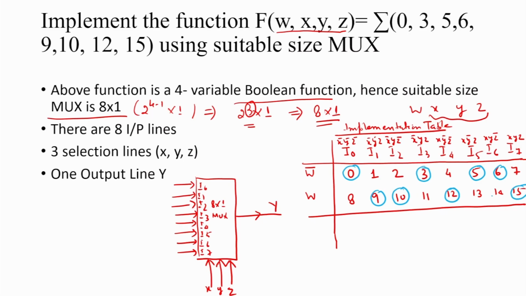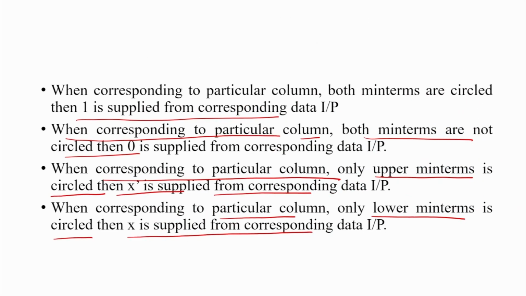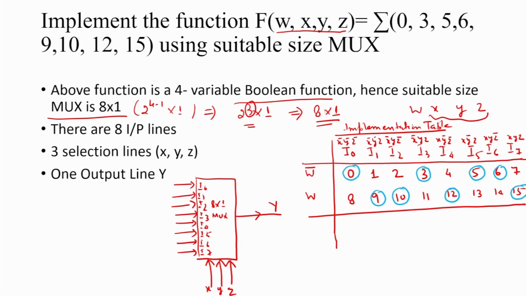Here what are the rules? Corresponding to a particular column, the inputs are simply written in a column as I0, I1, I2, I3. When in a particular column, for example I0, both minterms are circled, then simply 1 goes from that particular input, in the case of a 4 variable Boolean function represented through an 8x1 multiplexer.